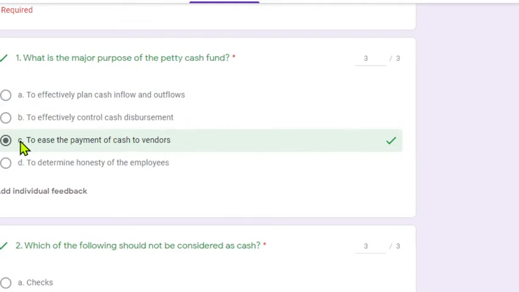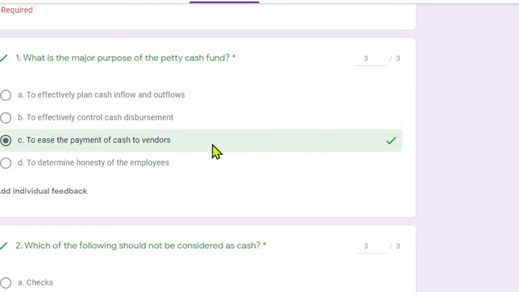So bakit? To ease the payment of cash to vendors. So ang answer sa letter C is more proper dahil pag magbabayad ka sa mga vendors, mas convenient na bayaran mo sila ng true cash than issuing a check kasi maliliit na items lang ang bibilin mo.